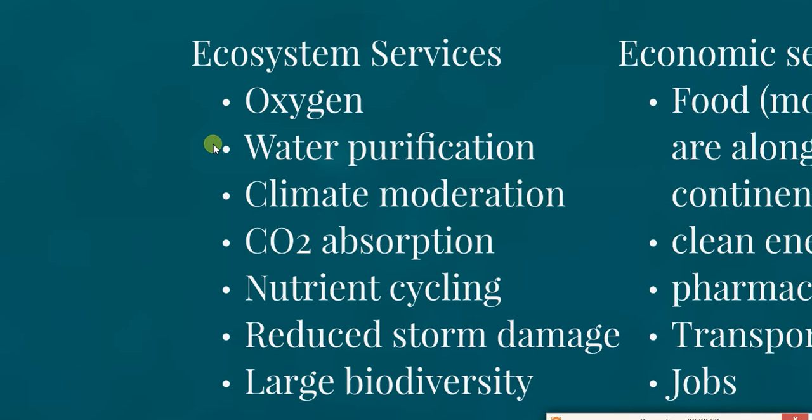CO2 absorption or sequestration. So carbon dioxide, if you guys don't remember that, I'm sure you guys all remember that one. That's like one of the chemicals everybody knows. But CO2 absorption. So the aquatic systems, especially the oceans, is one of our largest carbon dioxide sinks in the world.